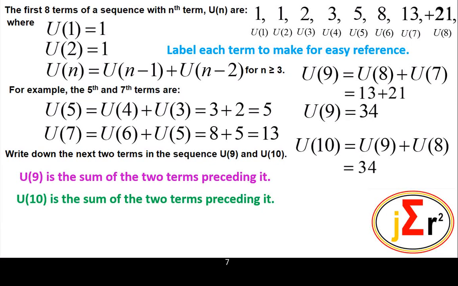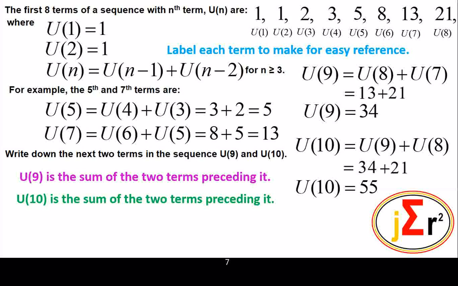We add them together and we have u10 is equal to 55. Before the end of the entire solution of this particular question, we are going to take a look at something special.